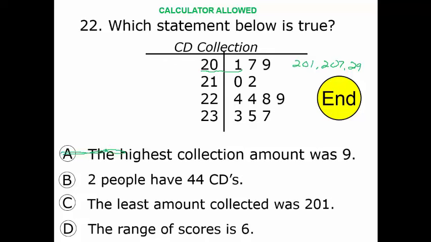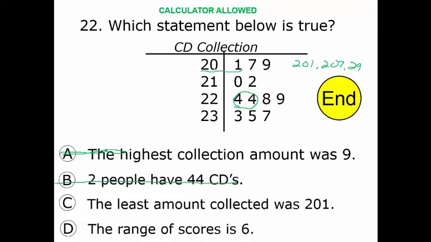2 people have 44 CDs. Again, they're trying to get you to bite on the idea that somewhere in here this 44 is something, and really this one just does not make sense. The least amount collected was 201. Now we're starting to get somewhere.